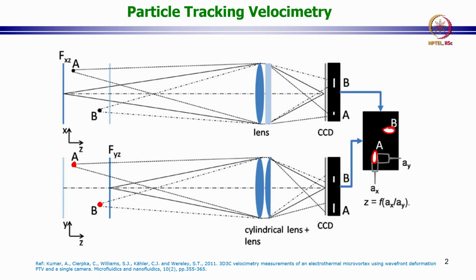So let us say this is the focal plane. The further away the particle is from the focal plane, the ellipse is of a slightly different nature. So by measuring this ellipse, we can also measure the z direction displacement. We can measure x and y, and we can also measure z.